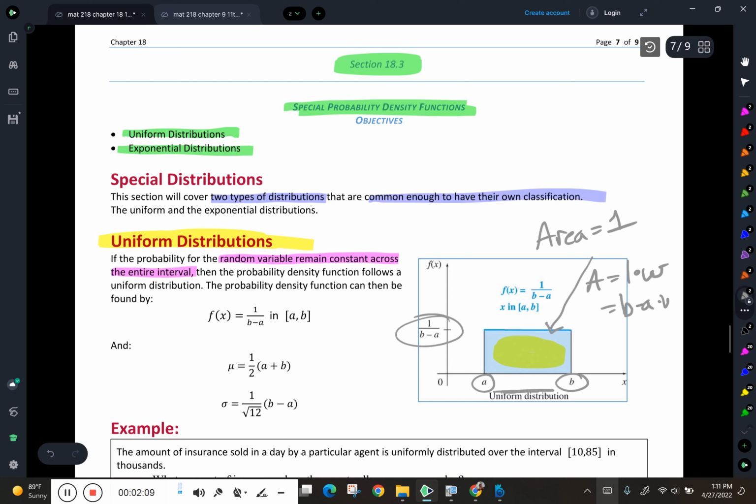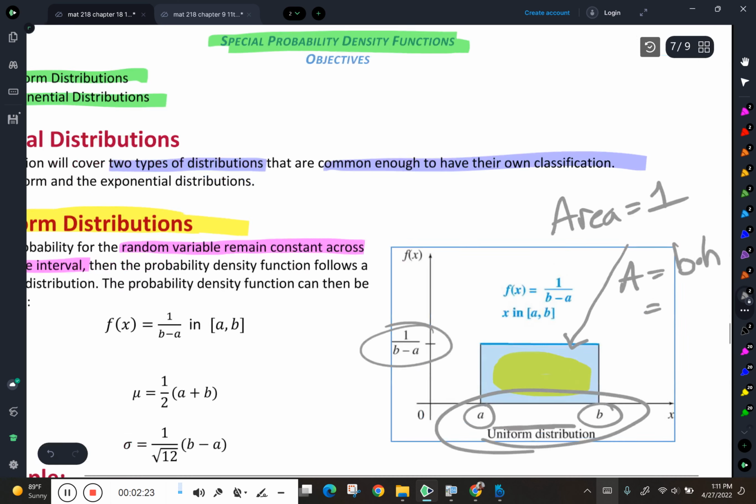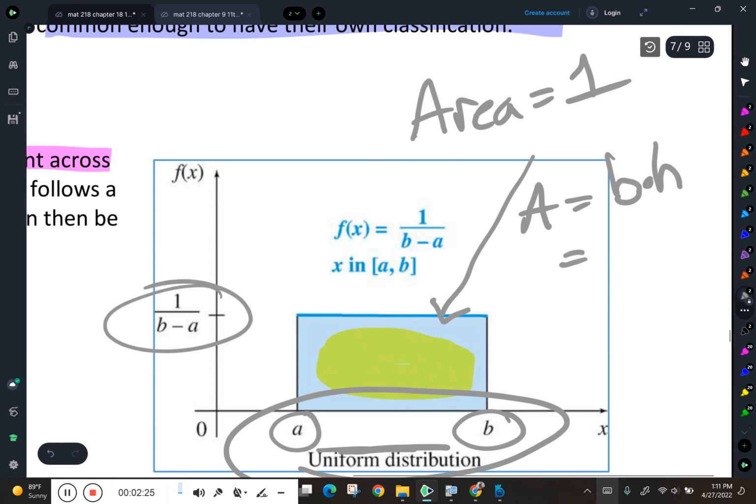Wait, let me change my definition so it fits this picture a little better. Let's go with base times height. How's that sound? The base is this bottom down here. It has a length of b minus a, and I've got to multiply that by some height h that makes it always be equal to 1.